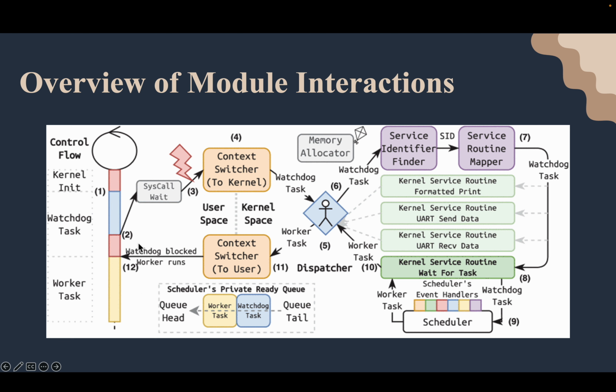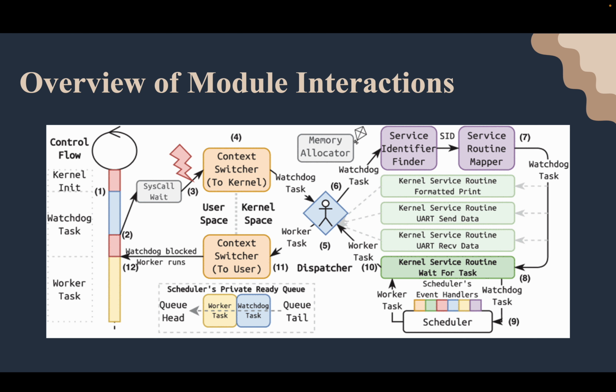The system call raises an exception, causing the processor to switch to privileged mode and jump to a predefined kernel entry point in the context switcher. 3. The context switcher preserves the machine execution state on the watchdog's task stack and restores the kernel state from the kernel state.